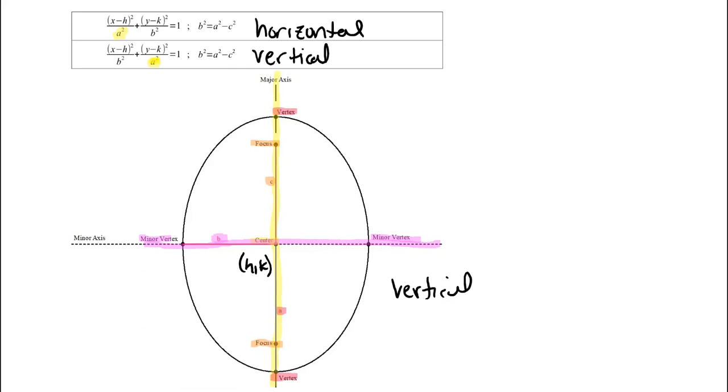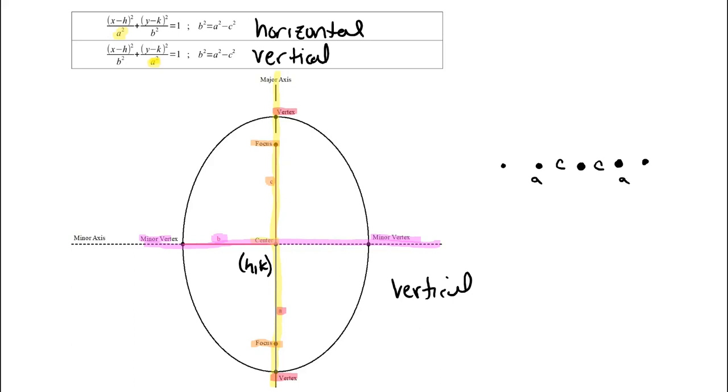So if we were to have an ellipse that had a horizontal orientation instead, you would have a center. A little further out, you would have foci. Those foci would be C away from the center. A little further out, you would have your vertices, and those would be a distance of A from the center.